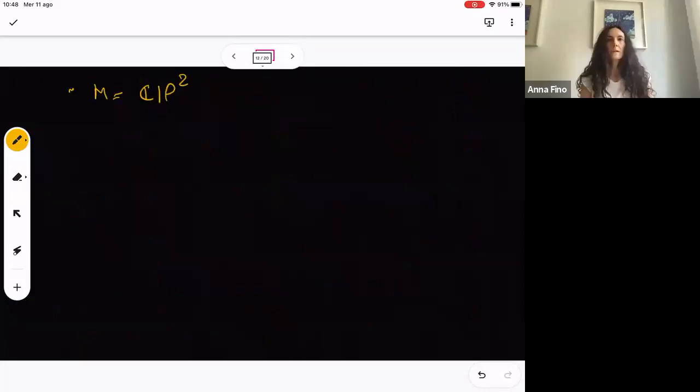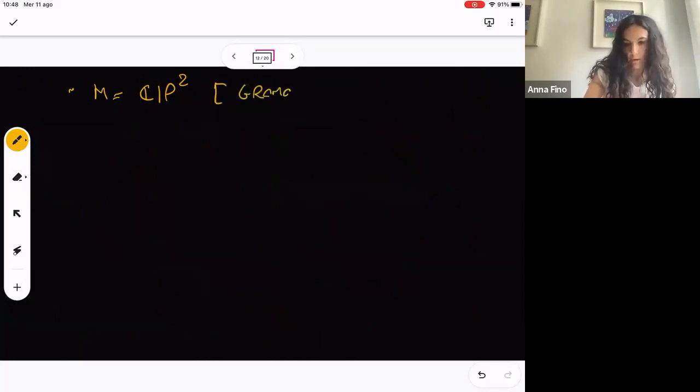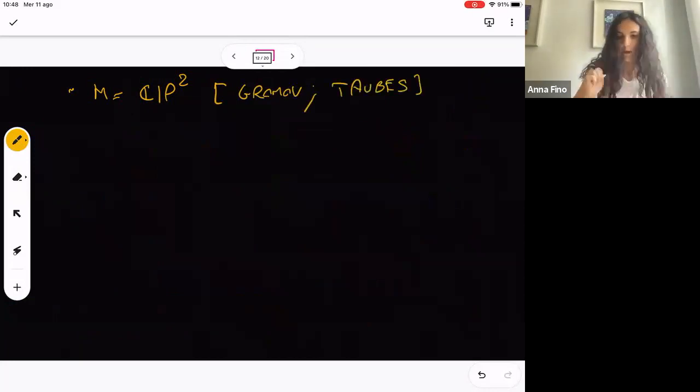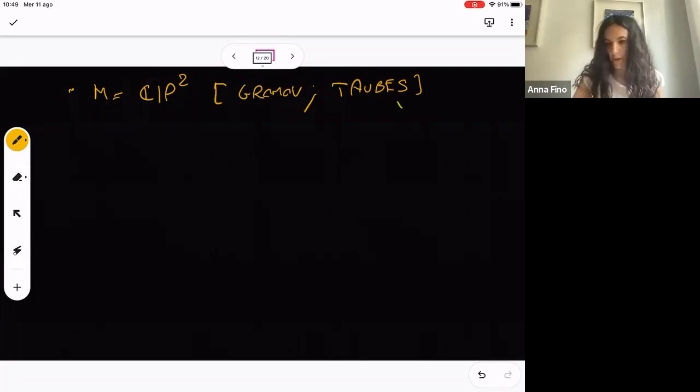So if M is the complex projective plane CP2, there are two independent proofs. The first one is by Gromov, and the second one by Taubes. The one by Gromov uses essentially that any symplectic form on CP2 is essentially the standard one, and Taubes uses pseudo-holomorphic curves.